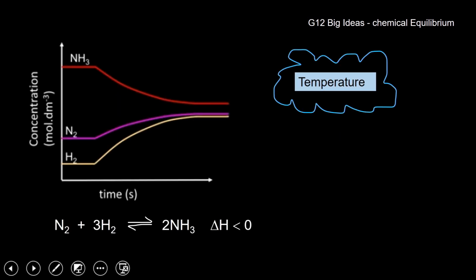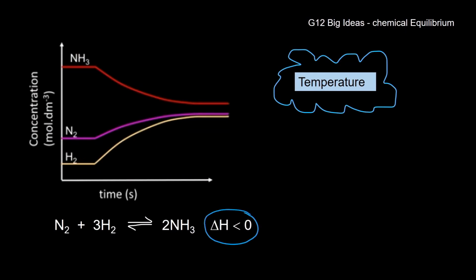I want to speak quickly about temperature because temperature is quite interesting. Temperature is going to affect both the forward and the reverse reaction. However, there is going to be one reaction which is favored because of the change in enthalpy. So when we try and write about Le Chatelier and the disturbance of temperature, we need to look at the reaction that's given to us and the change in enthalpy.